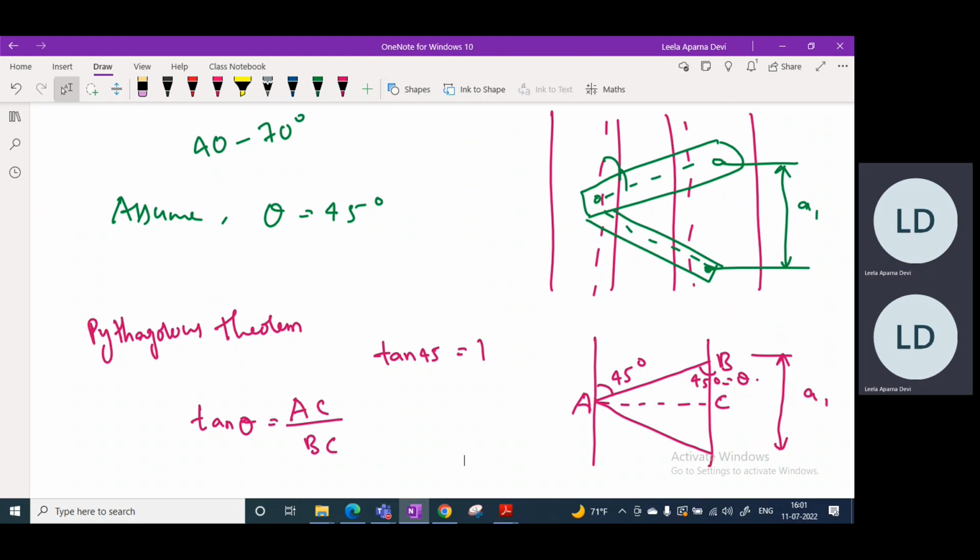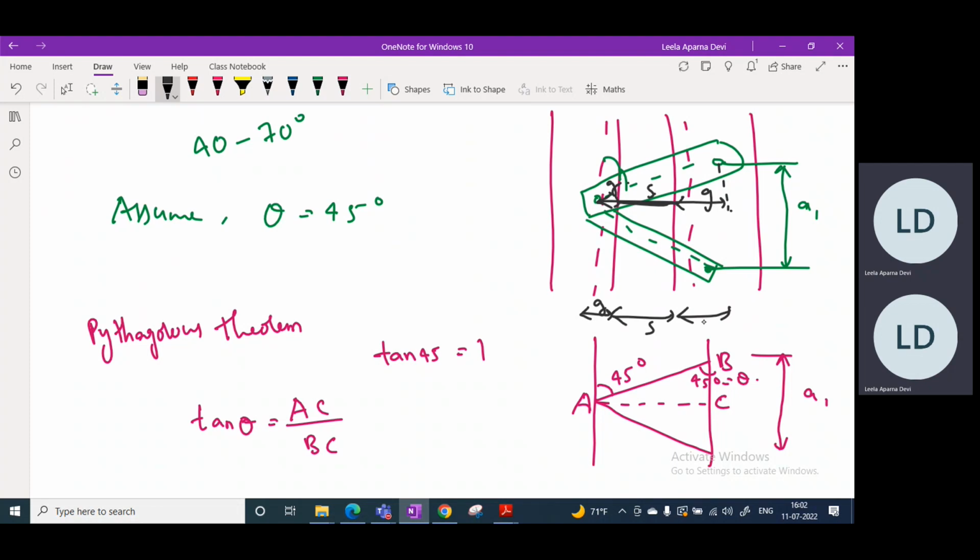And now the distance AC we need to know. The distance is from here to here. So this will include the spacing here, and also now comes the consideration of gauge distance. Why? Because this is the gauge distance to the center of the bolt we are calculating. Also this is the gauge distance and this is spacing. That means spacing and gauge distance.